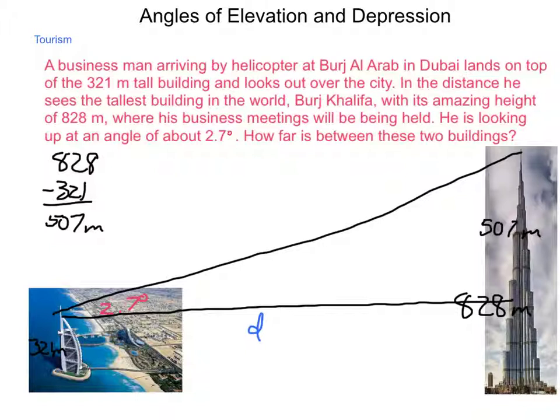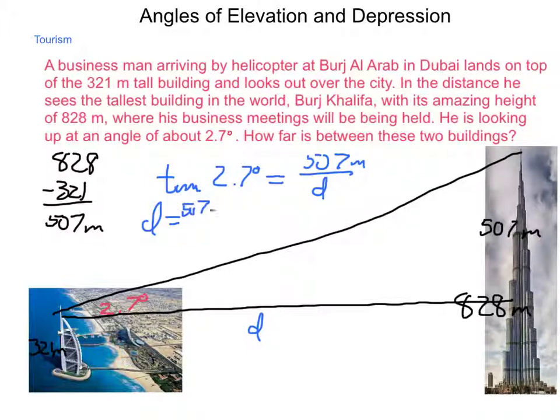So we take our tangent of 2.7 degrees, and that's going to be equal to 507 meters divided by this distance. Solving similar to what we did previously, we have d being equal to 507 meters divided by the tangent of 2.7 degrees.